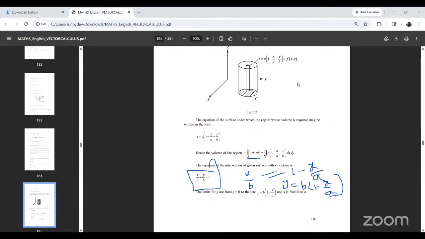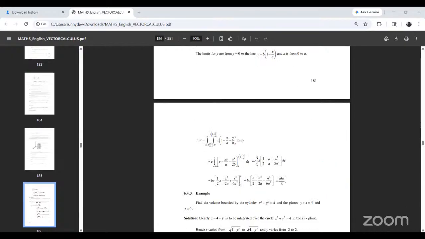Then we have to substitute here. The x limits are 0 to a, and the y limits are 0 to b into 1 minus x by a. First we do the integration with respect to y. 1 into dy becomes y, and x by a into dy equals x y by a.